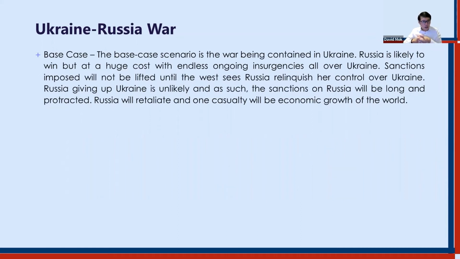Russia is likely to win in this base case, but at a huge cost, with endless ongoing insurgencies all over Ukraine. In other words, it's another Afghanistan again. It's not a pretty picture for Russia or Ukraine itself, or the rest of the world. The sanctions imposed will not be lifted. So in other words, we have impacted the economy until the West sees Russia relinquish her control over Ukraine. So that's the base case.